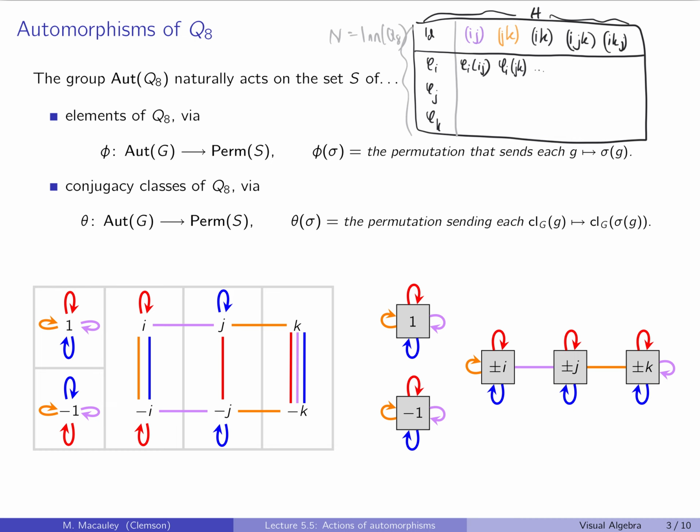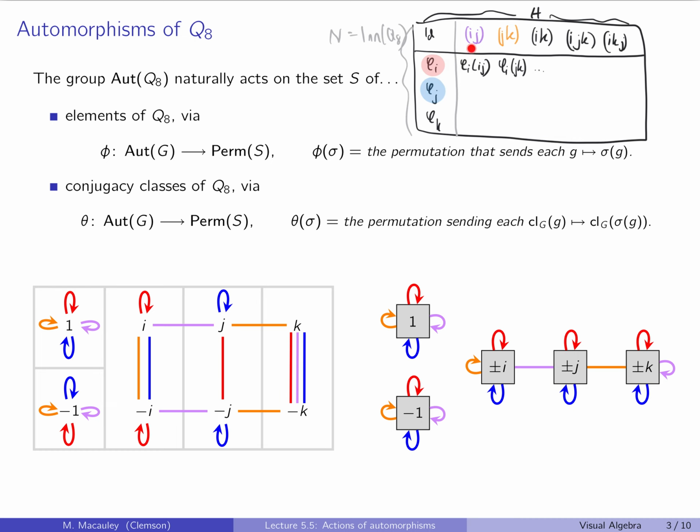When you press one of these buttons, maybe I should denote these in colors to match the colors that I'm using below. When you press the phi I button, when you conjugate by I, you follow the red arrows here. When you conjugate by J, you follow the blue arrows here.